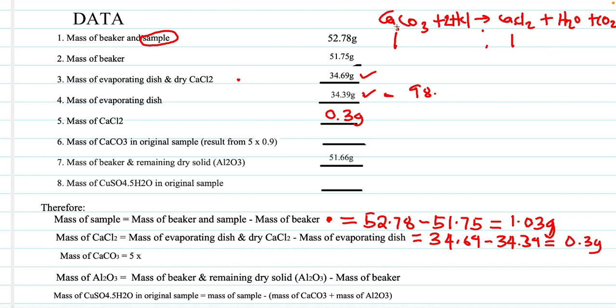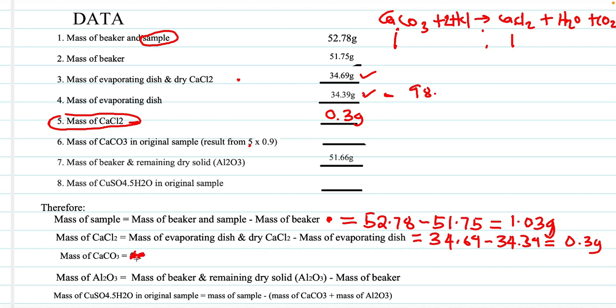Instead of going through these parts, this stress, they even made it very simple for you. They said number 6, mass of calcium carbonate in the original sample, is the result you are going to obtain from number 5 times 0.9. You're not multiplying 5 with this; the result from 5 is 0.3. So 0.3 times 0.9.